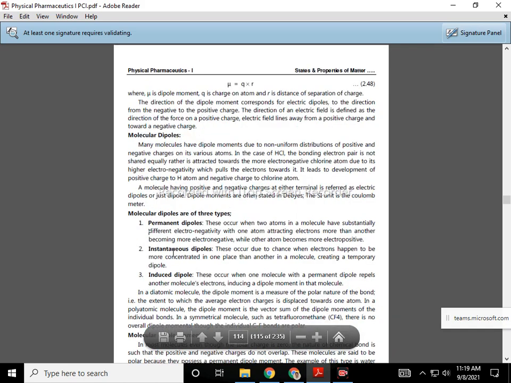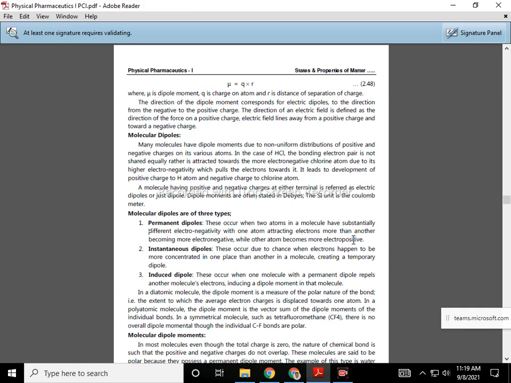So as you can see over here, molecular dipoles are of three types. Before going towards the dielectric constant, we must learn about these three things. Permanent dipole: these occur when two atoms in a molecule have substantially different electronegativity, with one atom attracting electrons more than another, becoming more electronegative, while the other atom becomes more electropositive.